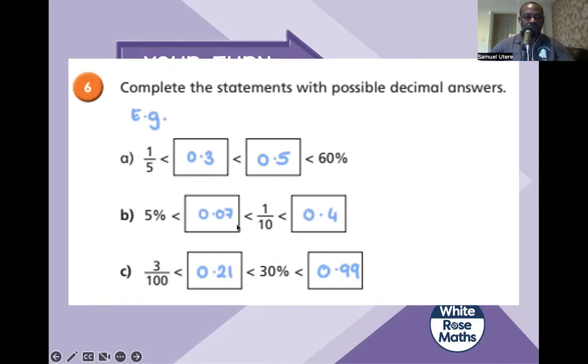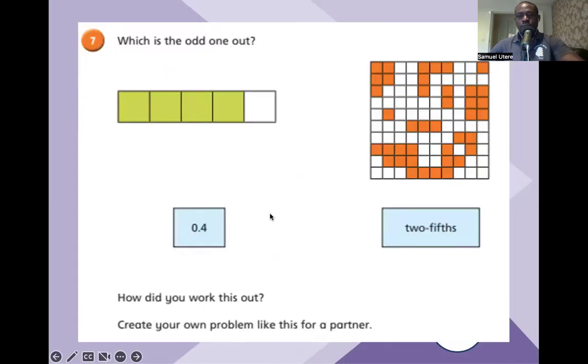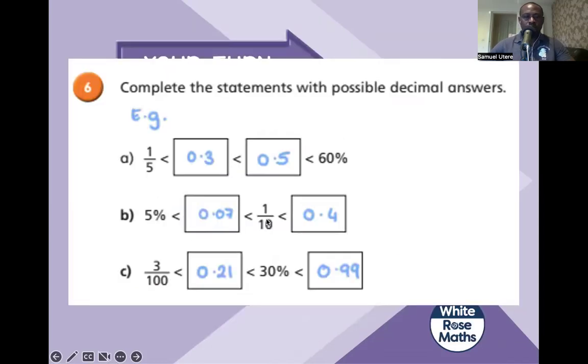And here are the other answers. 1/10 is 0.1, so that could be 0.4. And then you want something between 0.1 and 5%. So 5% is 5 hundredths, and that will be 0.05.